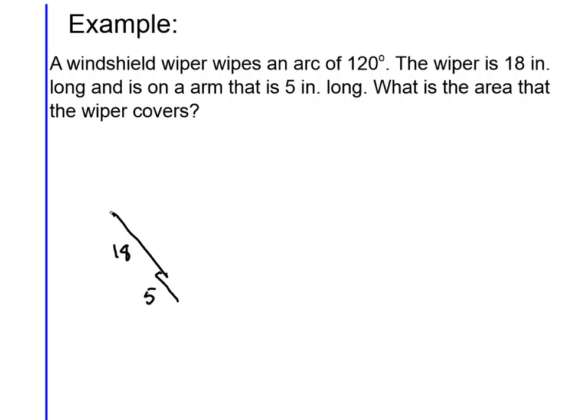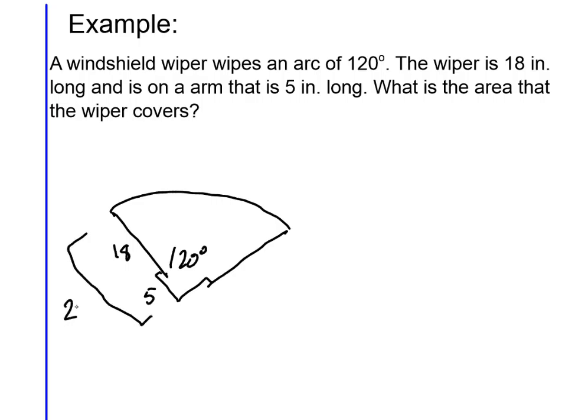This wiper will wipe an arc across your windshield, and that arc is 120 degrees. We need to combine these two measurements together to get our actual radius.